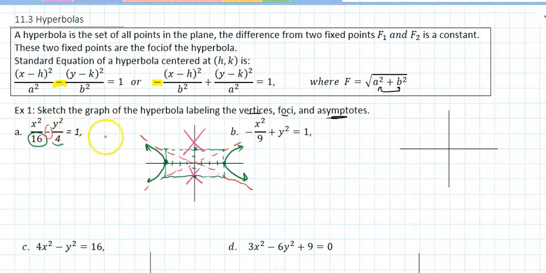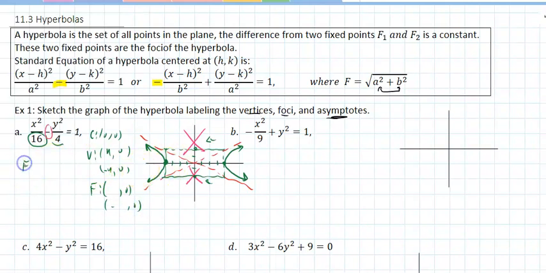So we have center is at 0, 0. They're not asking about center, but you know. Vertices is always on the side that's not negative. So it is 4, 0 and negative 4, 0. We got the vertices. The foci is going to be along the x-axis, obviously, because that's where the graph is.